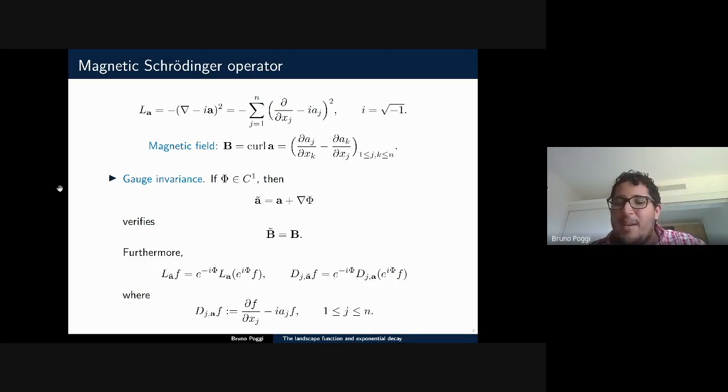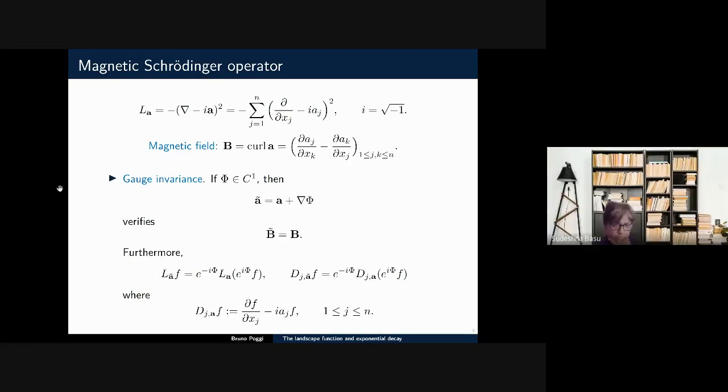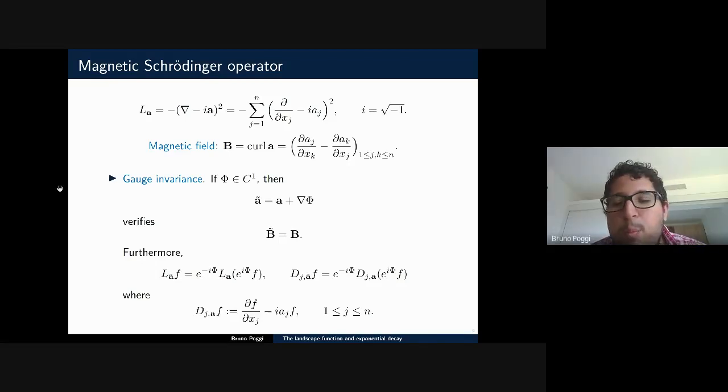And similarly with these magnetic gradients, I like to call them that just because they behave like gradients. More rigorously they're like connections, but again, they're given just by phase changes. Okay, now in the next slide, I'll show you more about this gauge invariance.